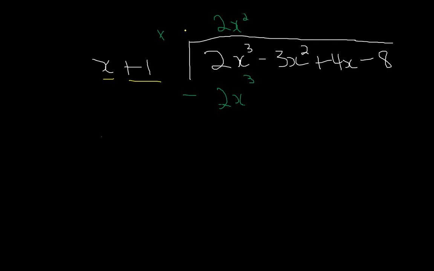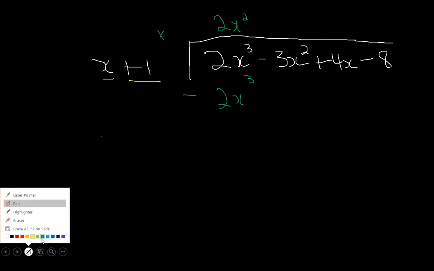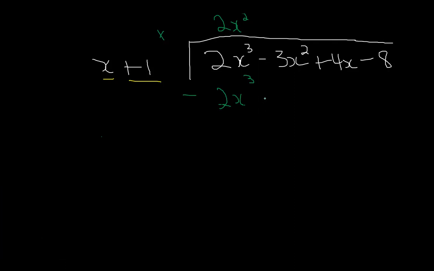So I also have to say 2x squared multiplied by 1 is 2x squared. You're always subtracting, so 2x cubed minus 2x cubed is 0. You can put the 0, but it's understood. Then minus 3x squared minus 2x squared gives me minus 5x squared.